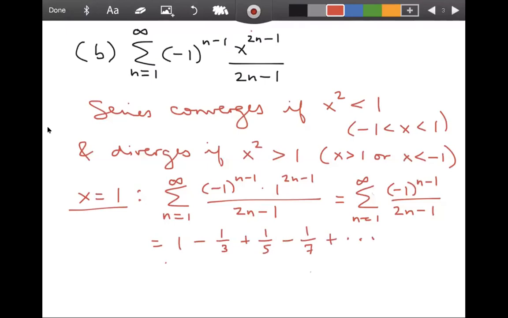That's very easy to check. It does converge conditionally, but they're not asking about conditional or absolute right now. All right, so this series converges by the alternating series test. Just a few details to fill in there. All right, what about when x equals negative 1?